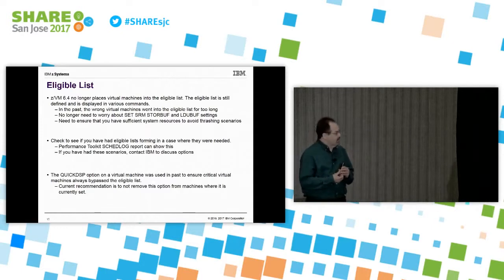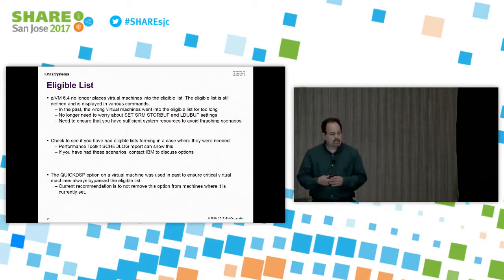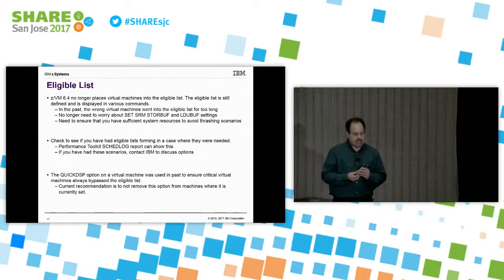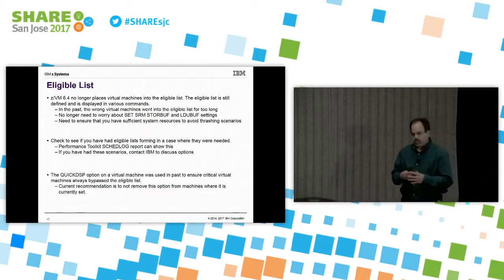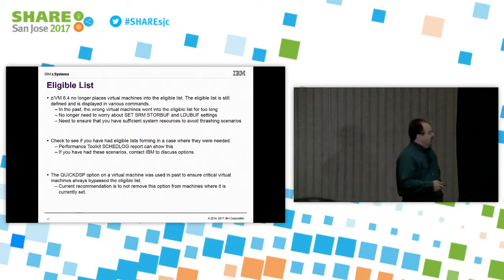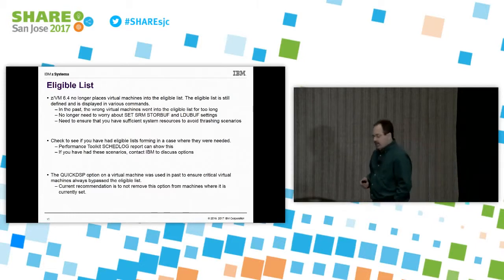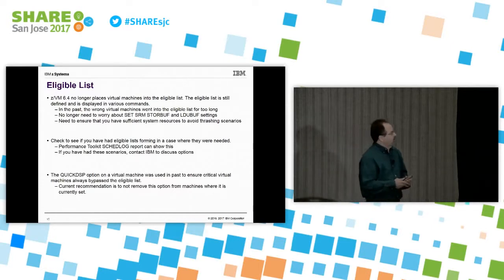Contact us, anybody who's here, or contact a support center, and we'll get the right people to look at your information and see maybe why that's going on. Because if you are forming eligible lists, in 6.4 that could cause an issue. So it's something to check. Not something I would really worry about, but something to check before you move on to 6.4.